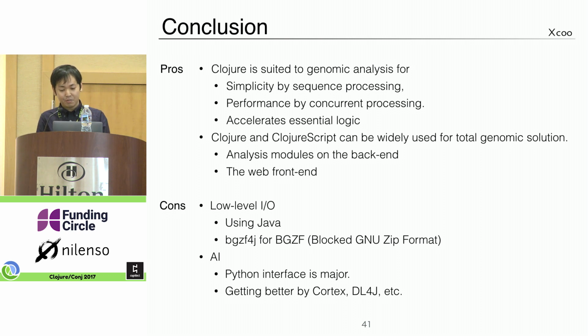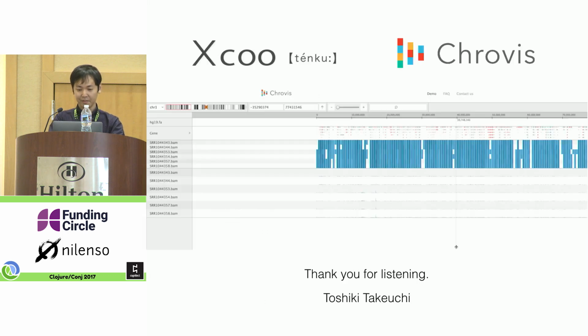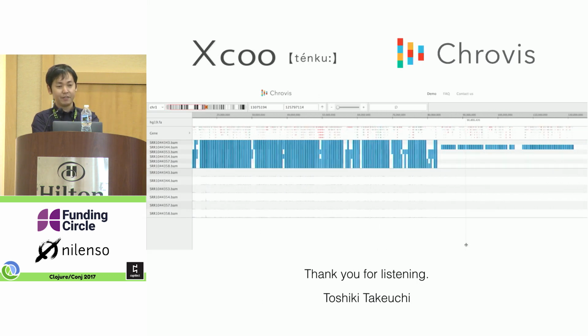I feel these domains of Clojure are getting better. So we might change our AI-related code to use Clojure. If so, in the near future, truly 90% of our system might be written in Clojure. That is all. Thank you for listening.